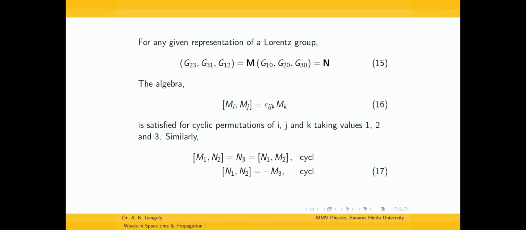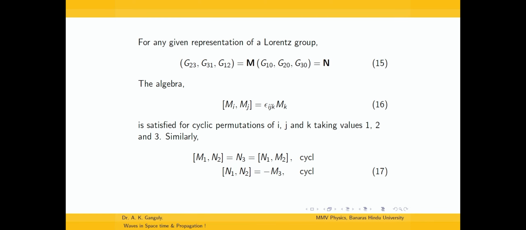One is when the commutation is taken between the N's themselves, then between M and N, and then between M and M itself. The commutation relation among the M's is something that is closed within itself. That is, their commutation generates elements of M.